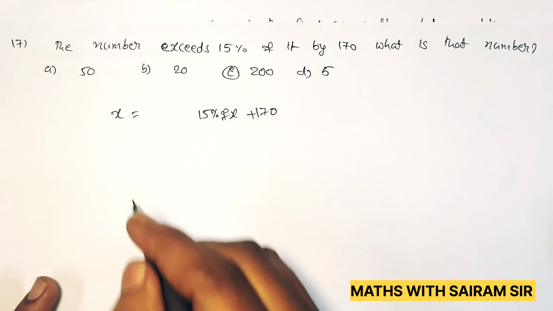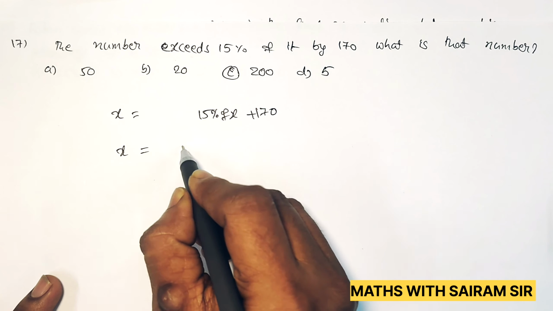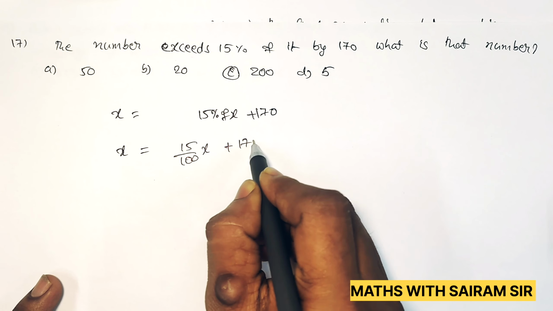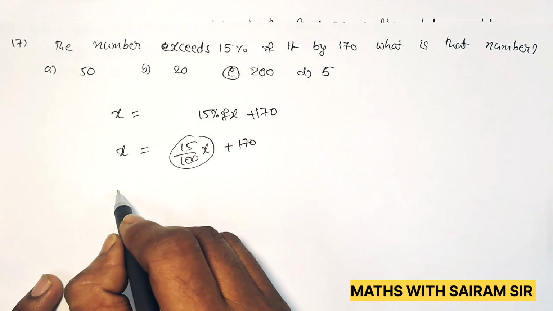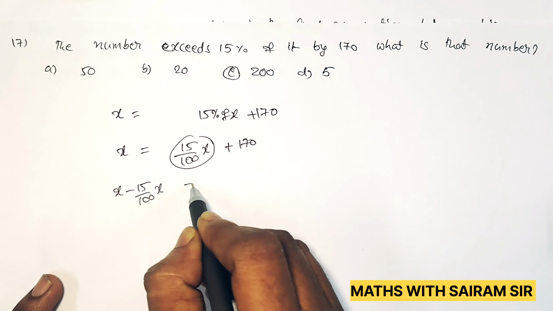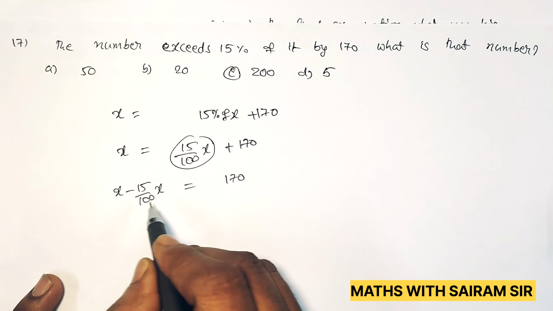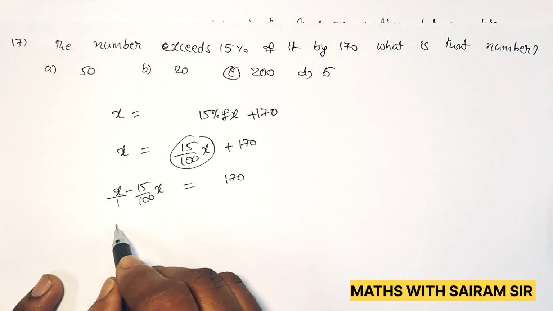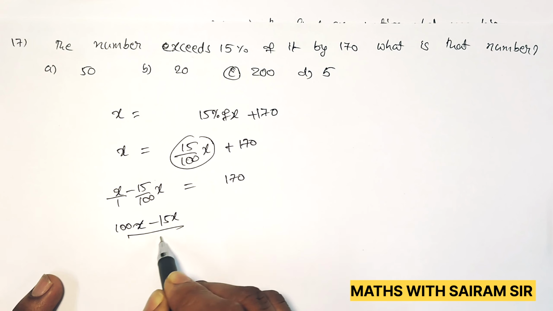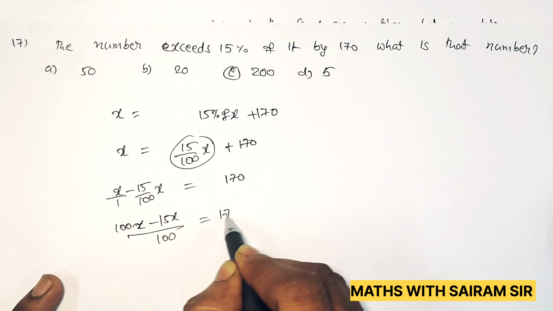So x is equal to 15 by 100 into x plus 170, and transposing this to the other hand, x minus 15 by 100 into x gives you 170, and subtracting it, here we should take the LCM, that is 100x minus 15x by 100 gives you 170.